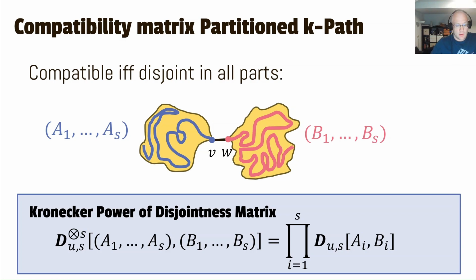It's kind of similar to the disjointness matrix we had earlier, because there is this simple reduction with randomization. However, Kronecker powers are easier to deal with computationally. So this is the advantage here.